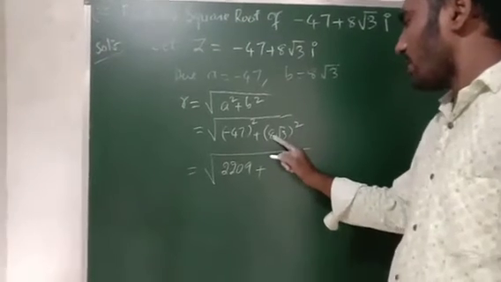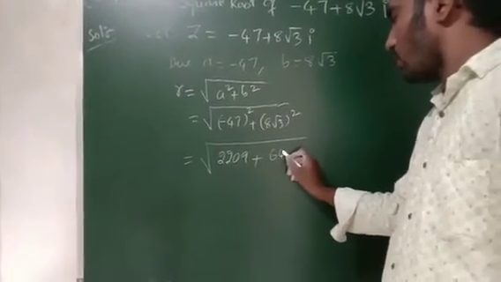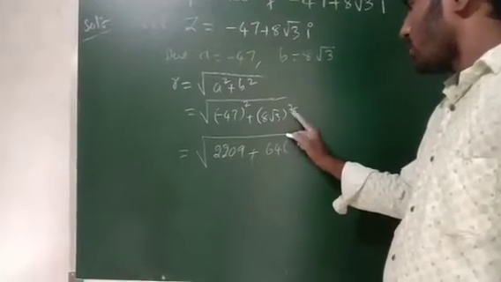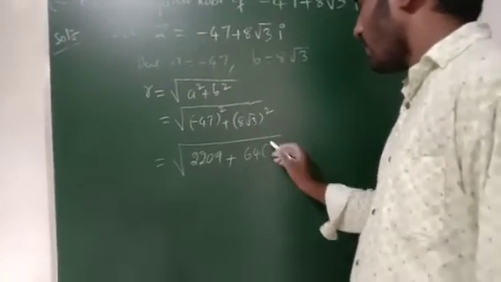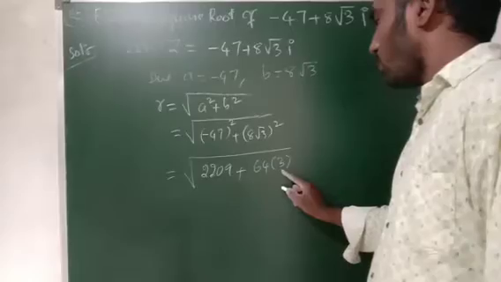8 root 3 whole square is 8 square, which is 64, and root 3 square means the square root gets cancelled, it becomes 3. 64 into 3.